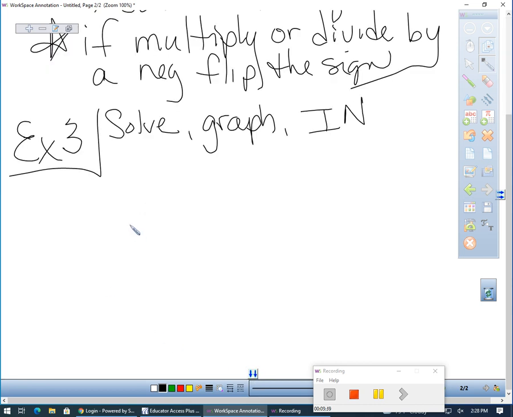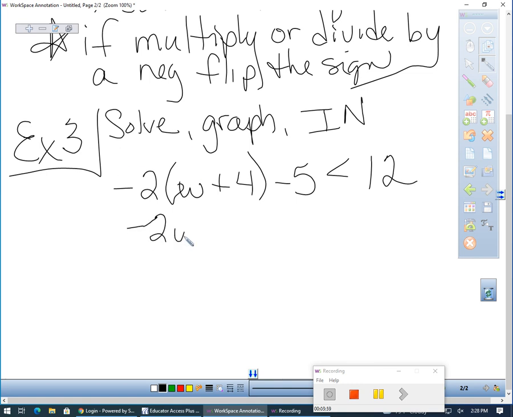Let's say I have negative 2 times (w plus 4) minus 5 is less than 12. All right. So in solving this, what do we have to do first? Distribute. Good. Negative 2 times w is negative 2w. Negative 2 times 4 is negative 8. Minus 5 is less than 12.